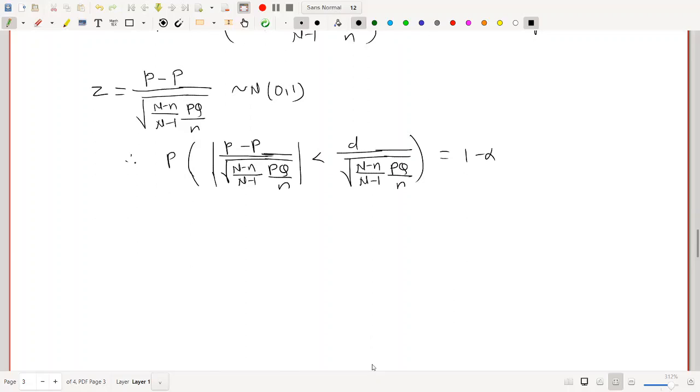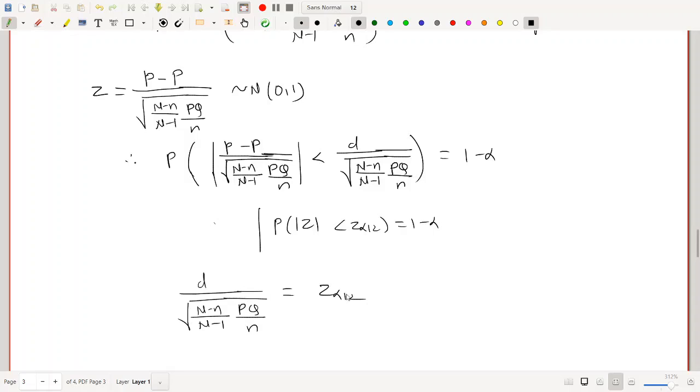Now when Z is your standard normal variable, then probability of mod Z less than z alpha by 2 is 1 − alpha. Compare these two equations, then we get d upon root of ((N − n)/(N − 1)) PQ/n is equal to z alpha by 2.